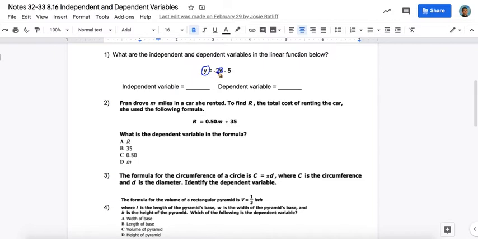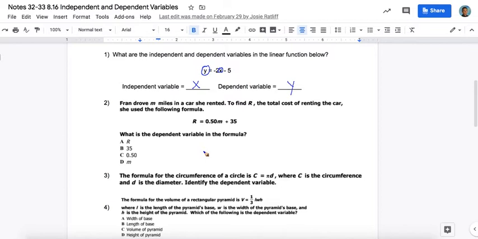So here, this is in slope-intercept form, so we're taking the slope times the input, so our independent variable is our x, and then we multiply by the slope and subtract 5, and that gives us our output, or the dependent variable.